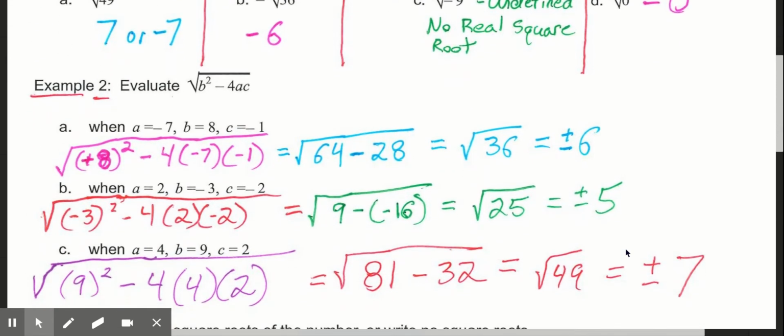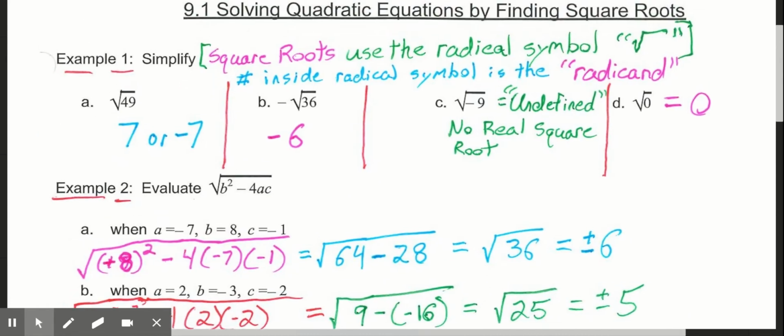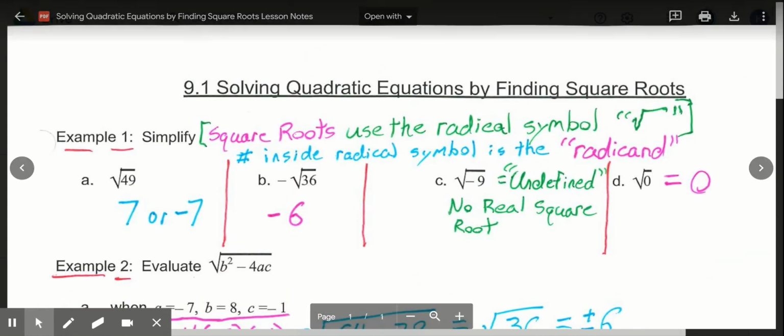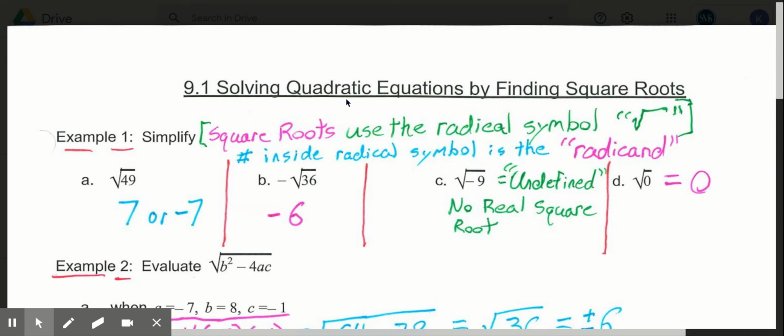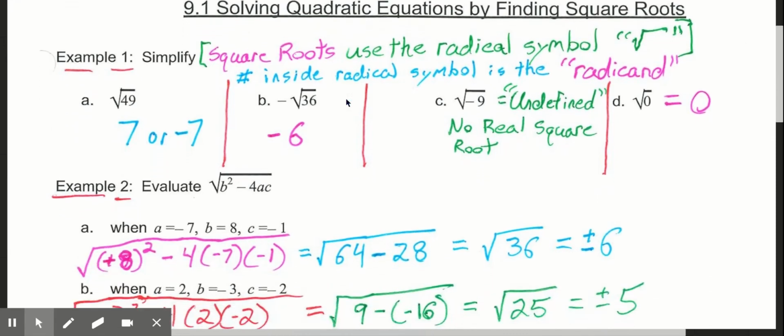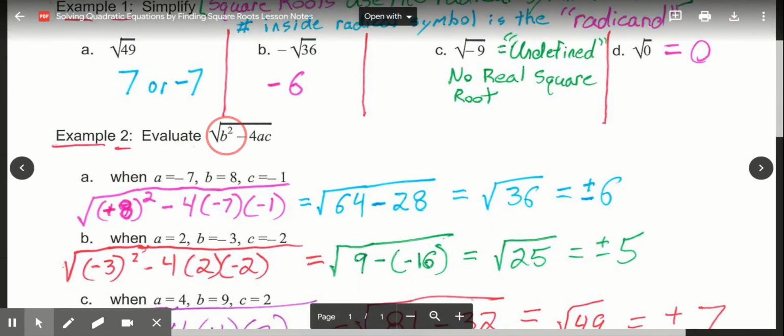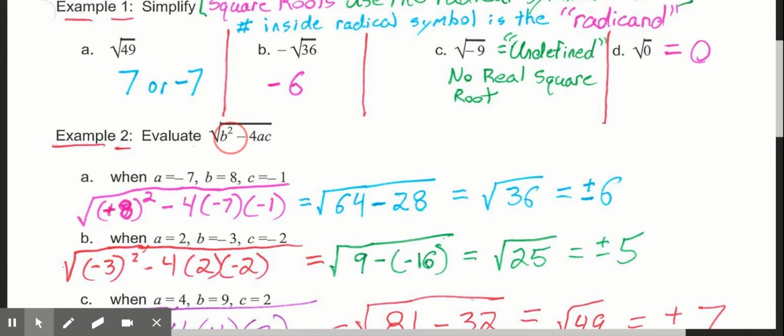In example 2, we are looking at this function right here, which inside of our radical has b squared minus 4ac. This is just a typical quadratic function. Quadratic equations and functions typically just refer to having a variable or something to the second power, which we'll get to in our next set of examples.